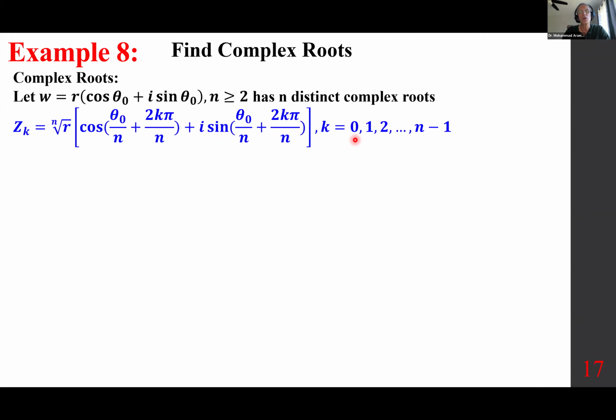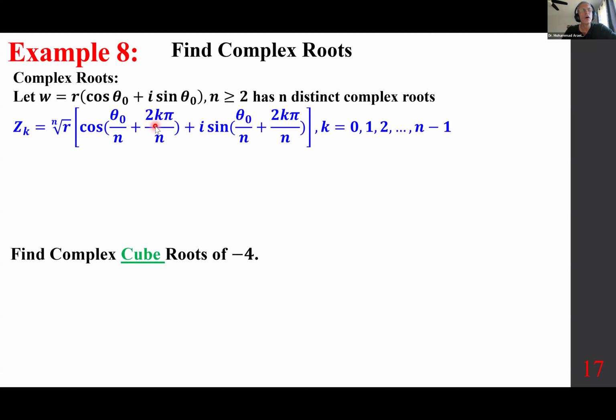And k can be any number from 0, 1, 2, all the way to n minus 1, and bear in mind, we could have 360 degrees times k instead of that if it's in the form of degrees.